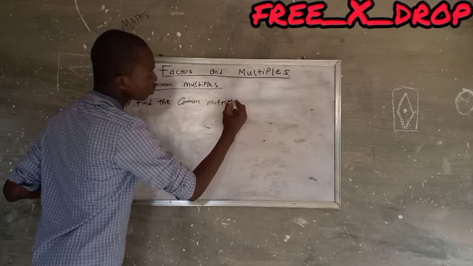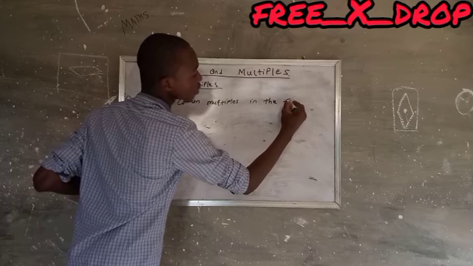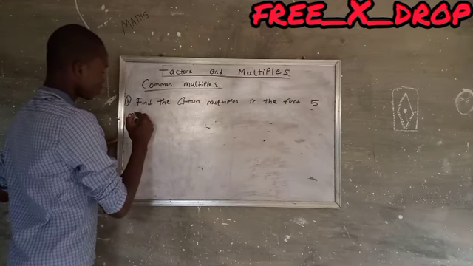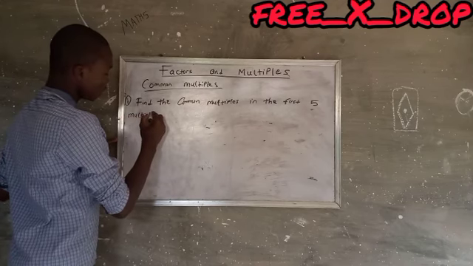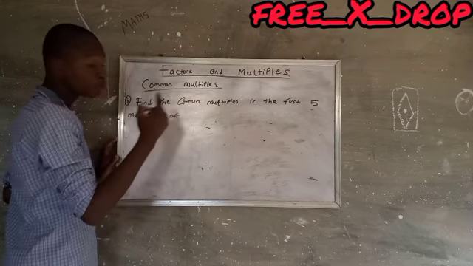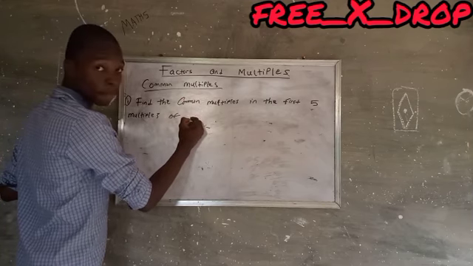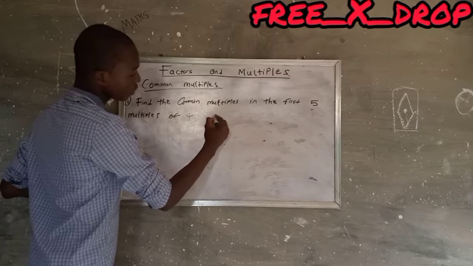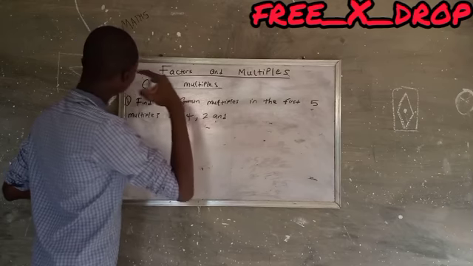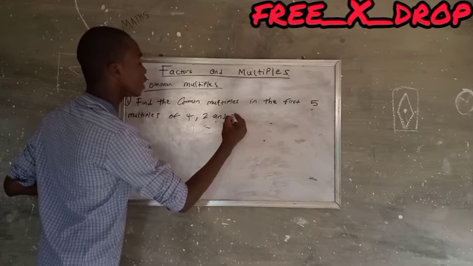Find the common multiples in the first 5 multiples of 4, 2, and 8.